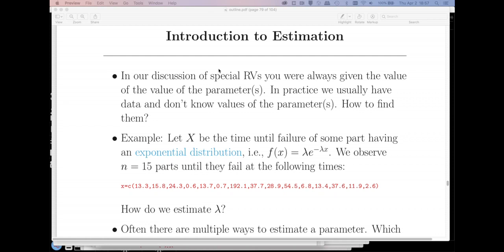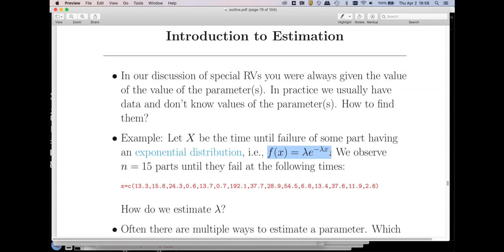So as a concrete example, let's say that x is a random variable indicating the time until failure of some part. And let's say that we can assume that this failure time has an exponential distribution. So if you remember from 2 chapters ago, this is the PDF of an exponential distribution.